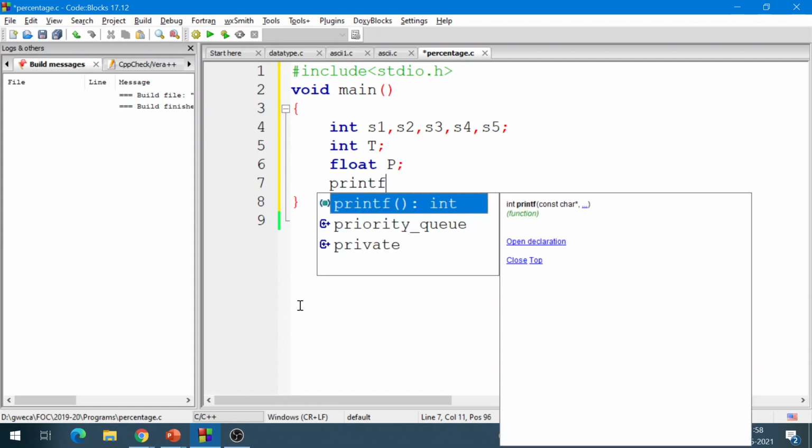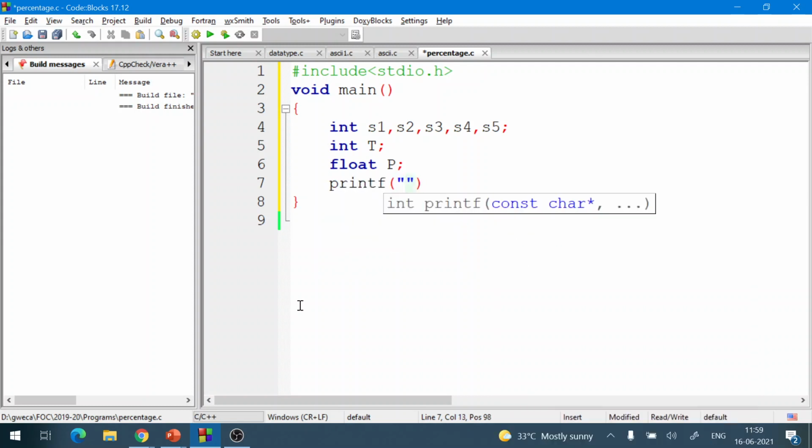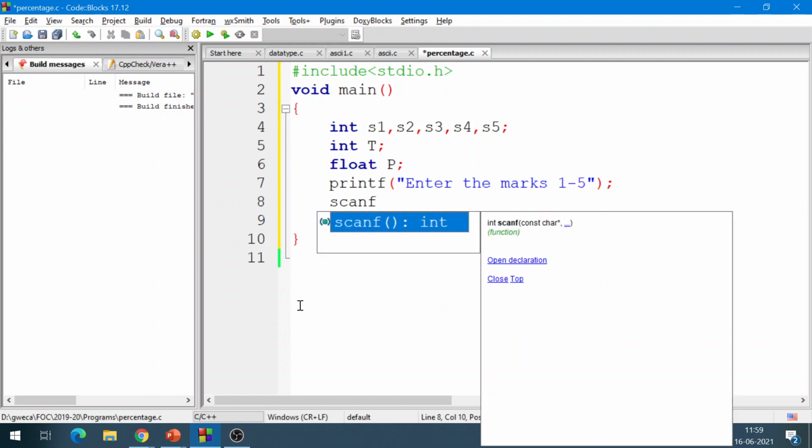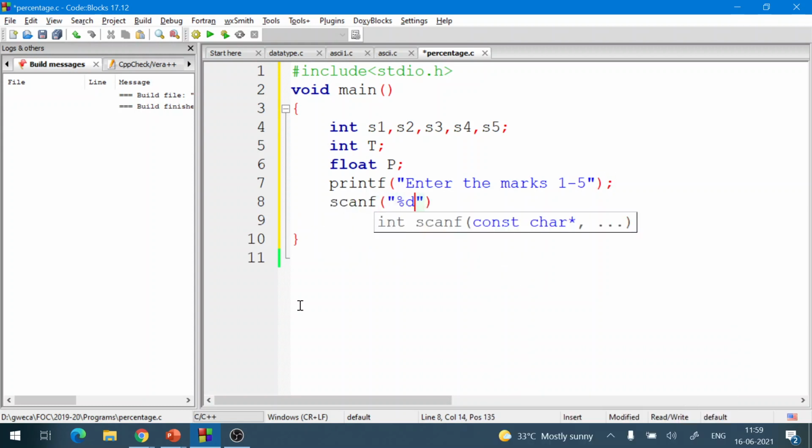Now I can print the instruction for the user to enter the marks. They will enter marks for subjects 1 to 5, so I can also give that indication. I will scan them using %d, %d, %d, %d and %d. So I have taken 5 %d, because I require 5 marks.